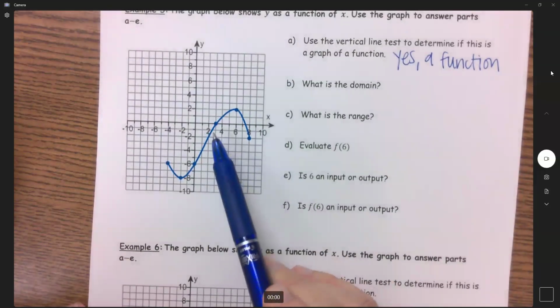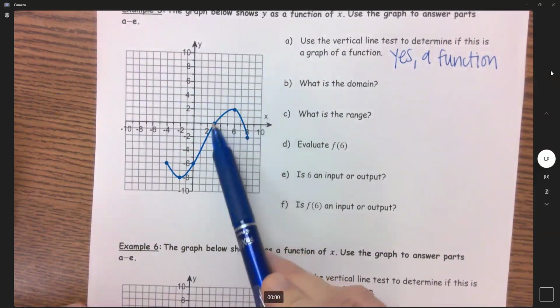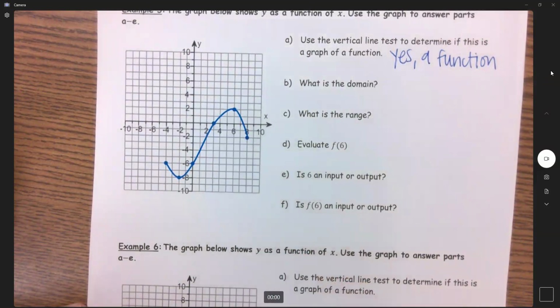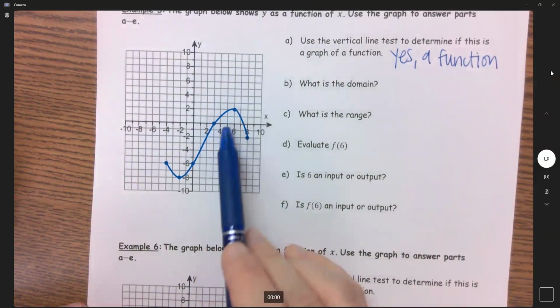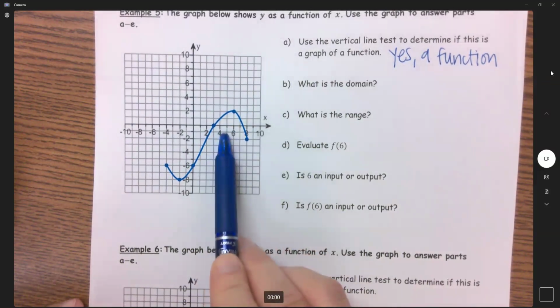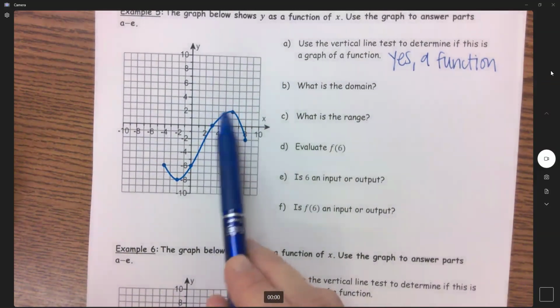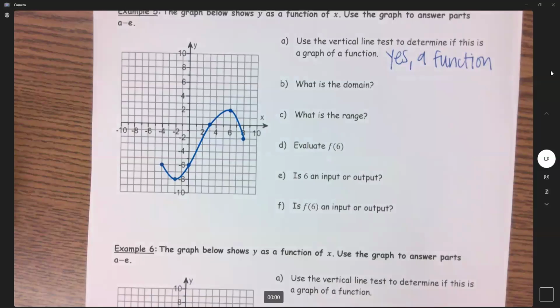If you just look between this point and this point, when these lines are drawn, I am now not just talking about x values of 3, 4, 5, and 6, but I'm talking about every number here between 4 and 5. So we're talking about 4.1, 4.2, 4.3, 4.4. We have an infinite amount of numbers in between all of these different points.